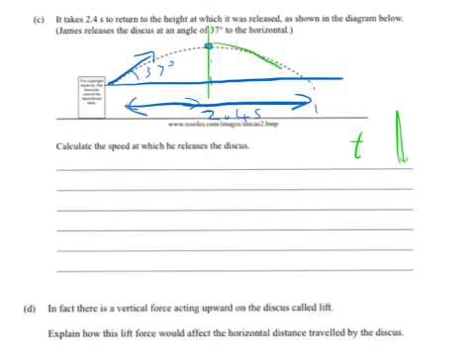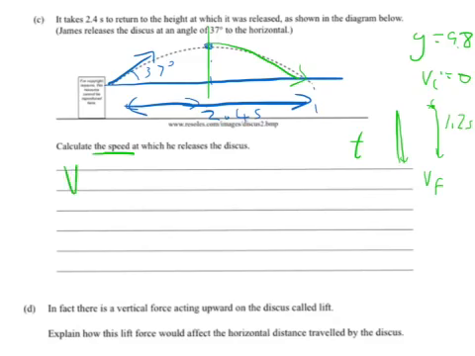If we're just considering the second half of the flight, then we're considering the time down, which will be 1.2 seconds. Our final velocity is what we're going to be able to use, because our final velocity combined with the angle 37 degrees, we'll be able to use some trigonometry to find the speed at which it releases the discus. So at the top of the flight, we know that the initial velocity is 0. We know g is 9.8 meters per second squared.